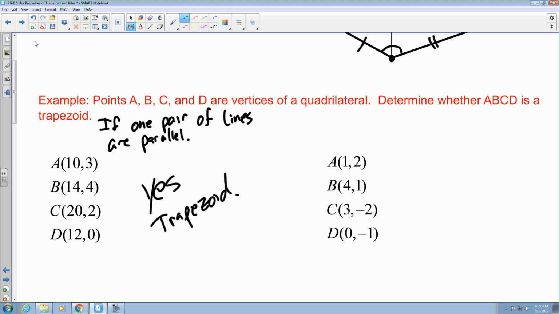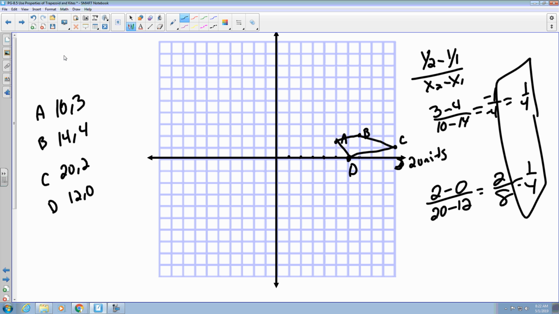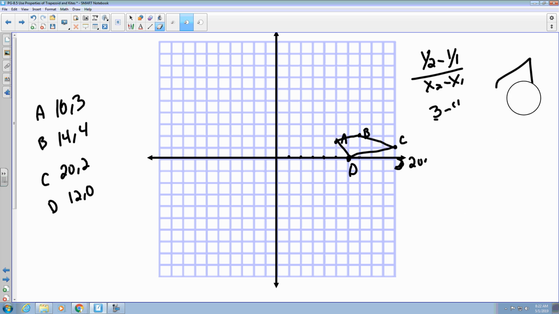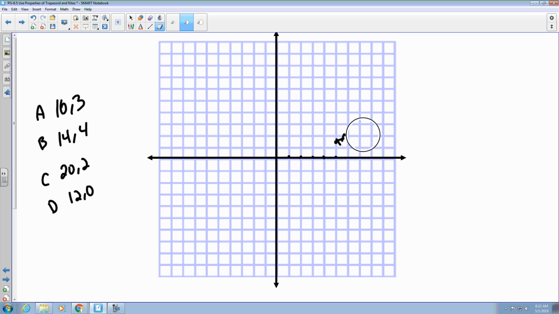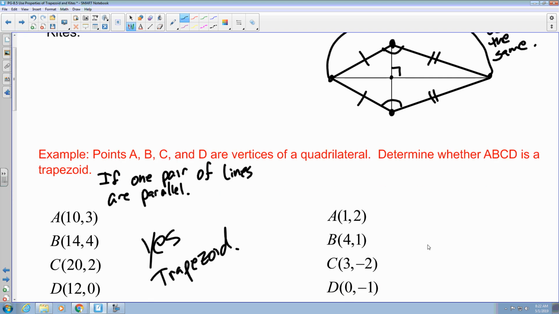Okay, now looking at this next one, let's erase these items. You probably need another graph paper or something to write it down.